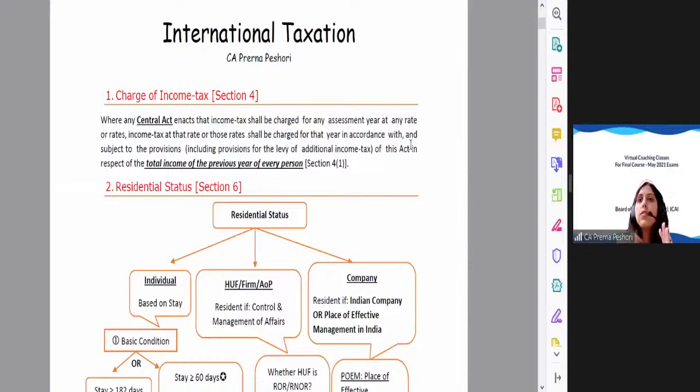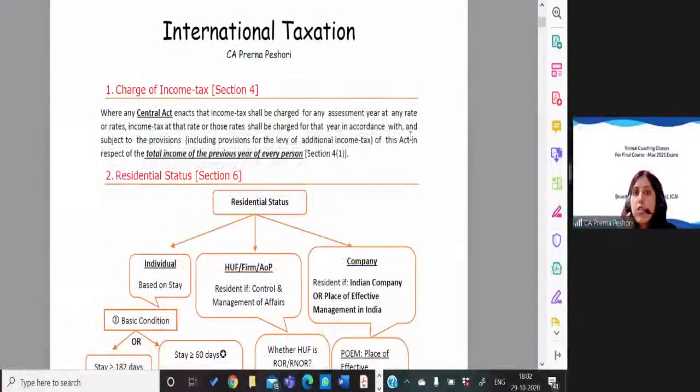So this is our charging section to the Income Tax Act, which says that on the total income of every person, the income tax shall be charged in the AY.